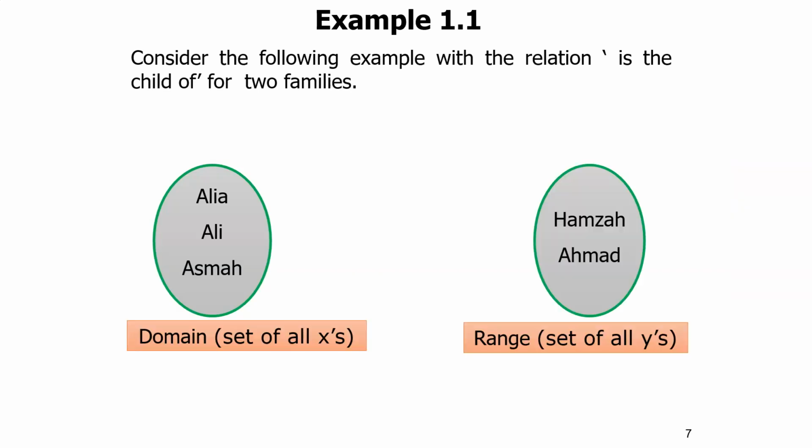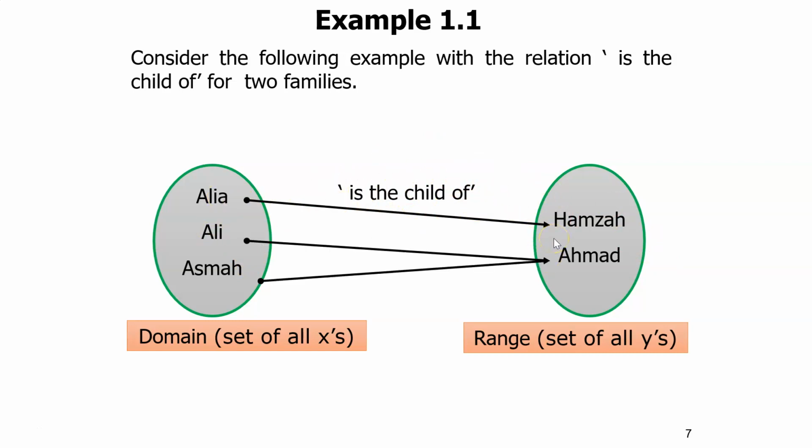Consider the following example with the relation "is the child of" for two families. So this is the relation, is the child of. Anak kepada siapa? So let's say Alia is the child of Hamzah. Ali is the child of Ahmad.